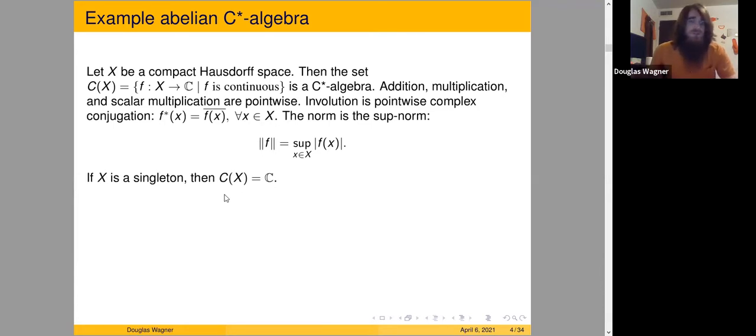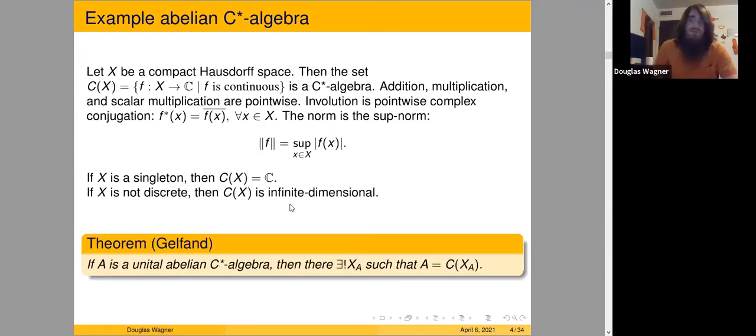But in most cases, we're going to get something that's infinite dimensional. So even though this slide says example abelian C-star algebras, this is actually all of them. There is a constructive bijection between these compact Hausdorff spaces and unital abelian C-star algebras. X is fully described by C(X).